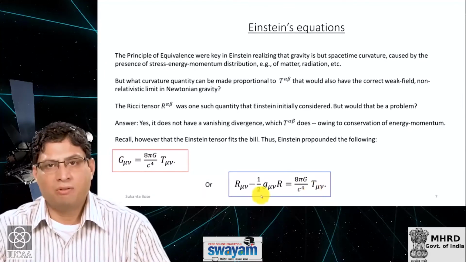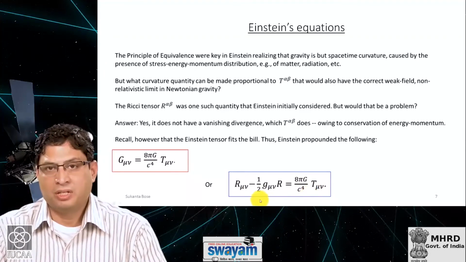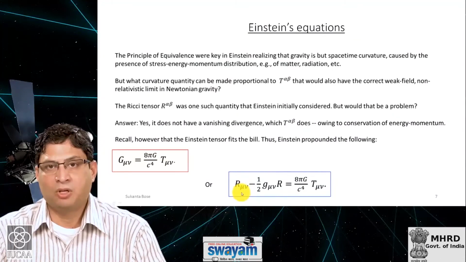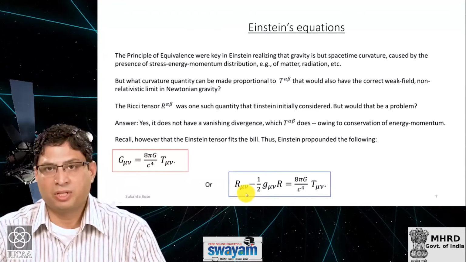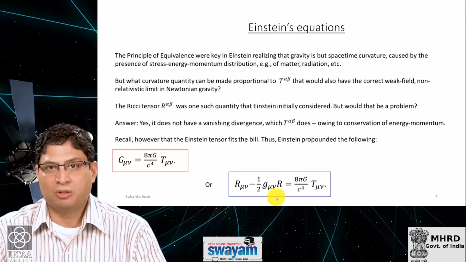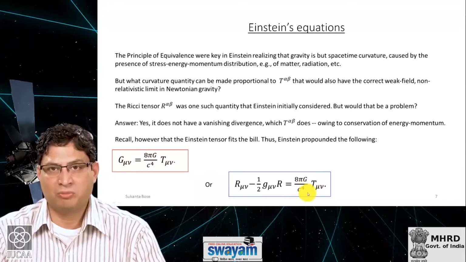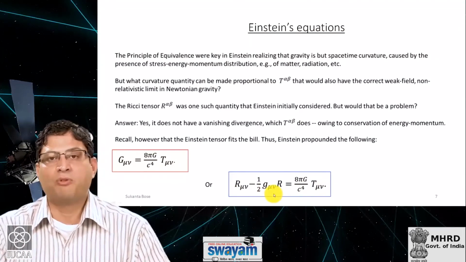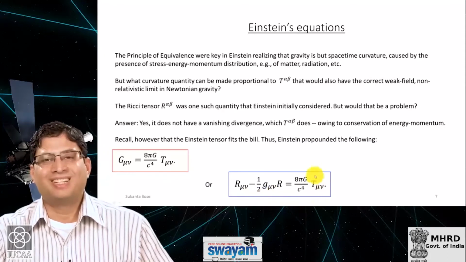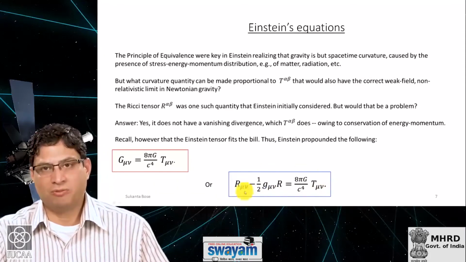But once you solve, and there are multiple equations here, I mean, mu and nu are both spanning over 4 values of space-time indices. So 4 times 4, there could be 16 of them, but then you already know that R mu nu is symmetric, T mu nu is symmetric, small g mu nu is symmetric. So in 4 space-time dimensions, there are only 10 independent equations that you have to solve.